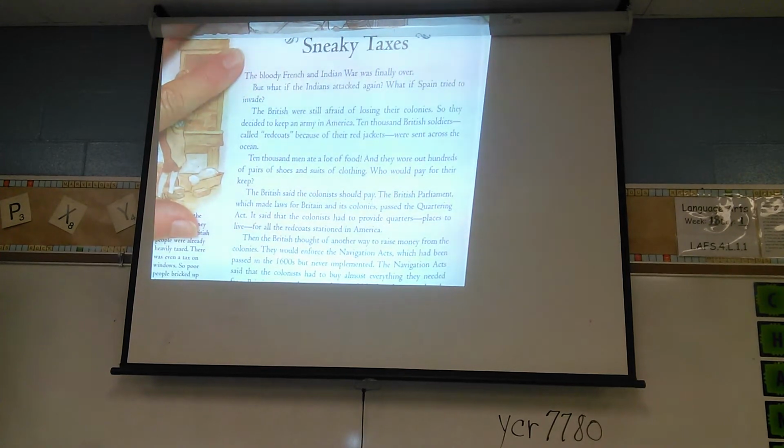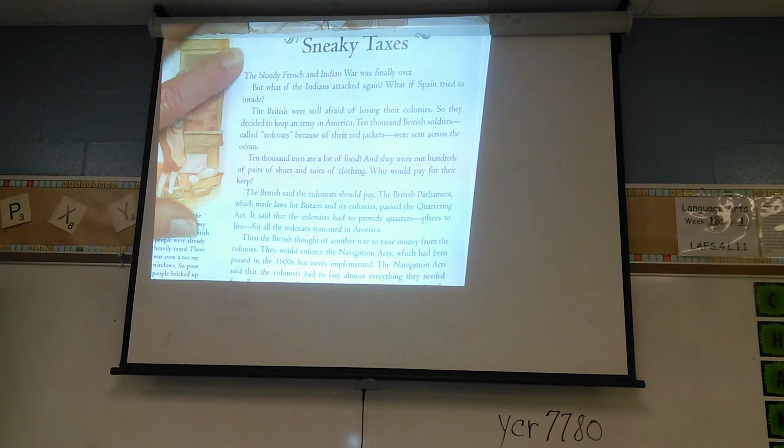And now they're starting to feel like they are not being treated fairly. The bloody French and Indian War was finally over. But what if the Indians attacked again? What if Spain tried to invade? The British were still afraid of losing their colonies, so they decided to keep an army in America. 10,000 British soldiers called redcoats, because of their red jackets, were sent across the ocean. 10,000 men ate a lot of food, and they wore out hundreds of pairs of shoes and suits of clothing.